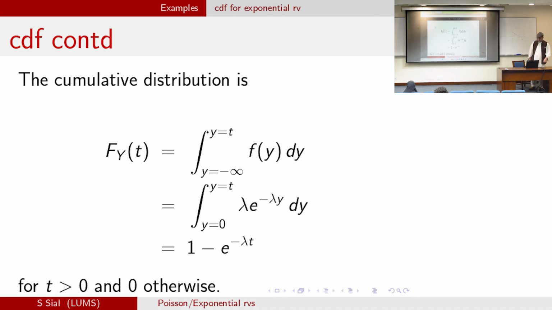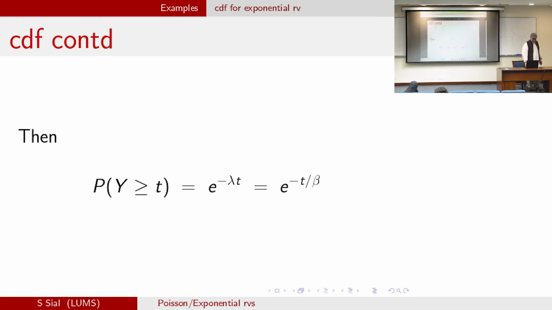The probability that y takes a value bigger than or equal to t is 1 minus the probability we just calculated. So that's e to the negative lambda t, or the same thing, e to the minus t over beta. So now we have the CDF, and 1 minus the CDF gives this.